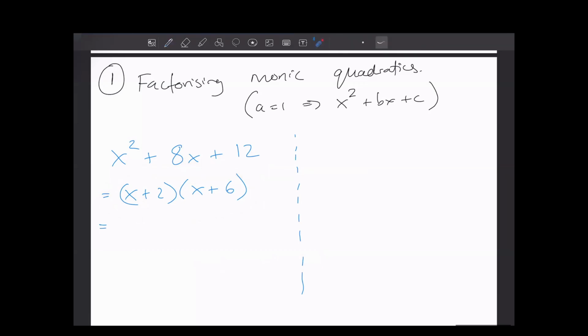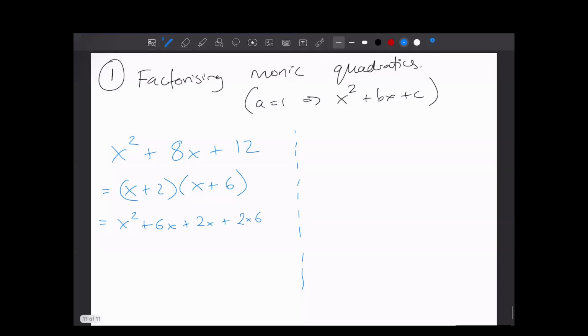So let's just convince ourselves. We would have x squared, then we would have 6x, then we'd have 2x, and then 2 times 6, which is 12.